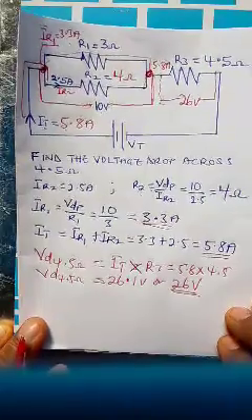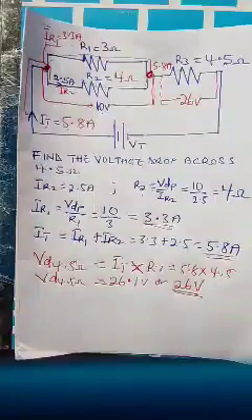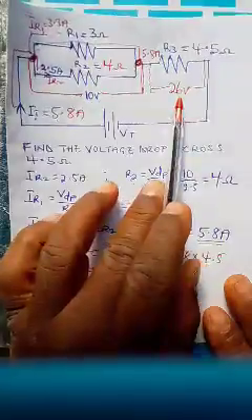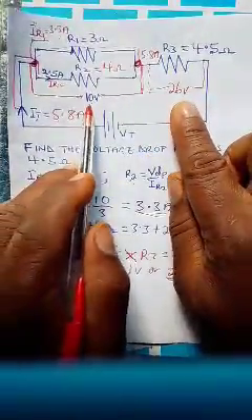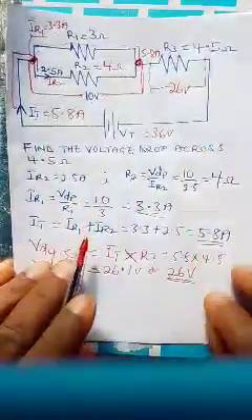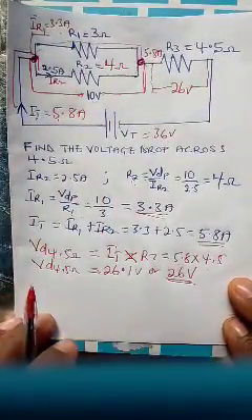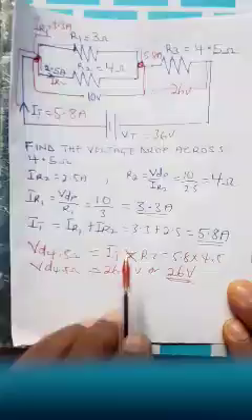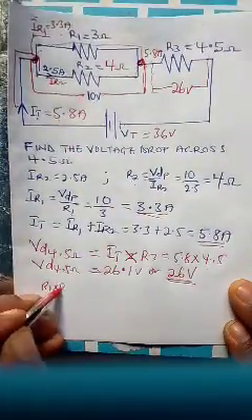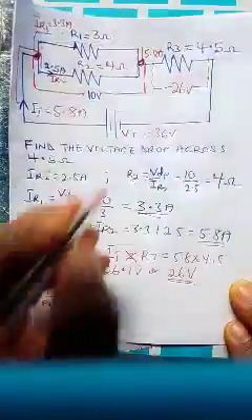Now we have our answer, but in case you want to prove and see whether your answer is correct, let me show you the way of doing it. Just add this 26 volts plus this 10 volts, which gives you the total voltage as 36 volts. Divide it by 5.8 and you will get the total resistance. The question did not tell us to prove, but let us do it here. For the parallel circuit, the resistance is R1 times R2 over R1 plus R2, plus R3.